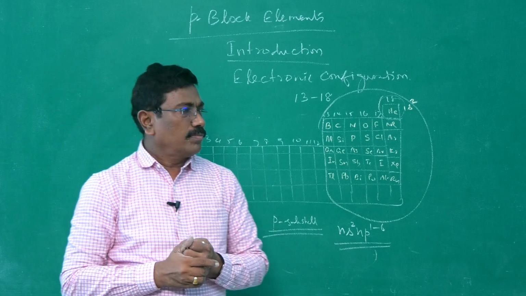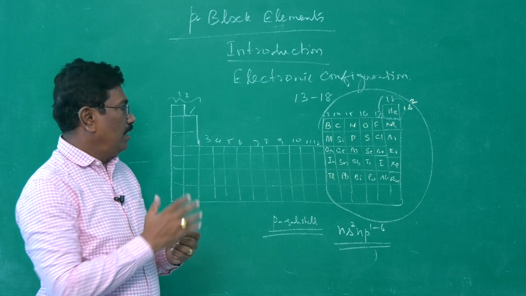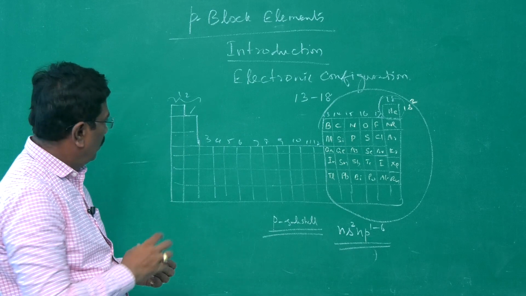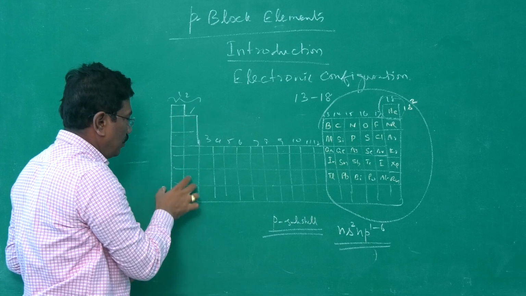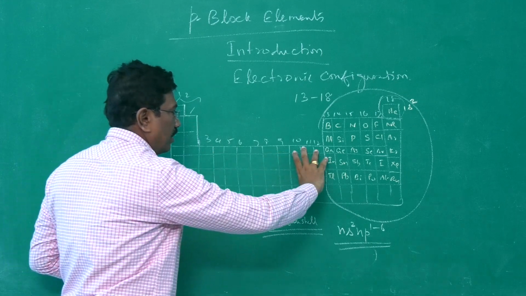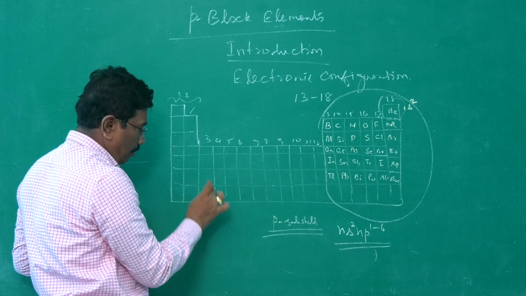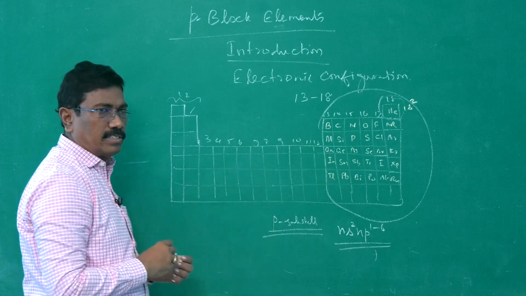Now, these elements have varied properties. How? If you look at the long form of the periodic table, all these S block elements are metals. D block elements are transition elements. And we will be having lanthanides here, 14 elements, and 14 actinides drawn at the bottom. All these elements are metals.